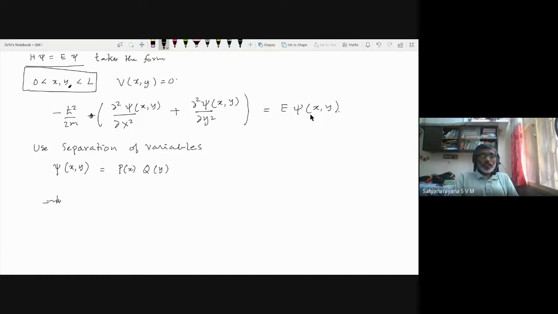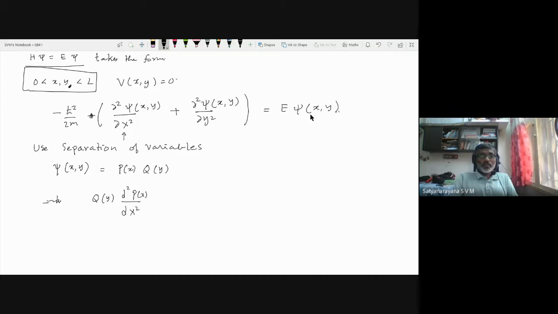I will do this in two steps. First, substitute this. Since this particular term is a differential with respect to x, q of y will come out, into d square p of x by dx square, because p is only a function of x.